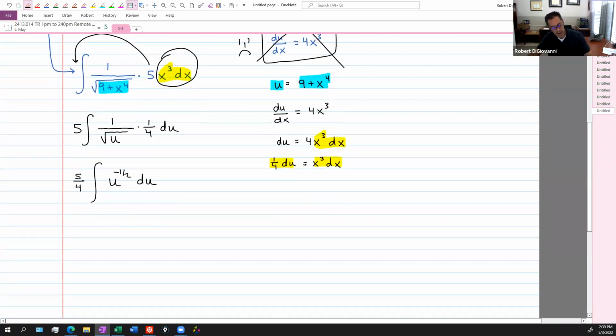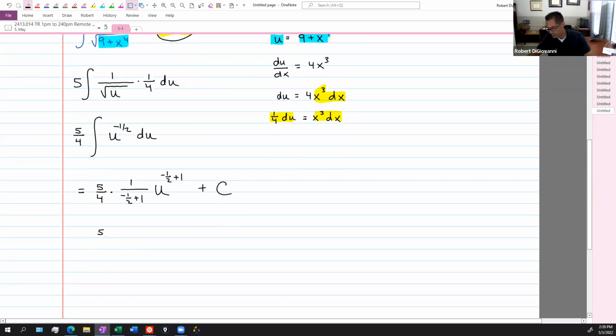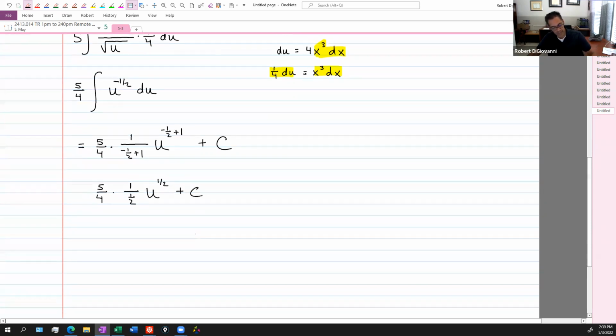So now antiderivative, right? 5/4. All right, the antiderivative should be 1 over -1/2 plus 1, u to the -1/2 plus 1, plus some constant. This is 5/4 times, let's see, 1 over 1/2 u to the 1/2 plus c.